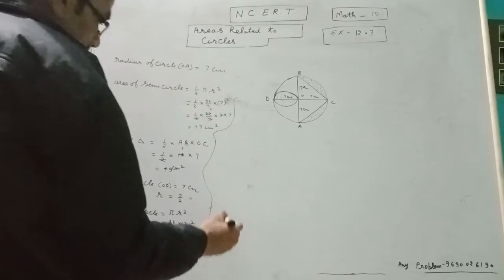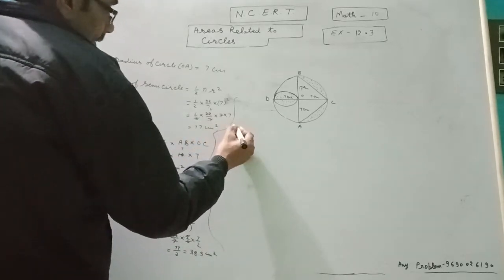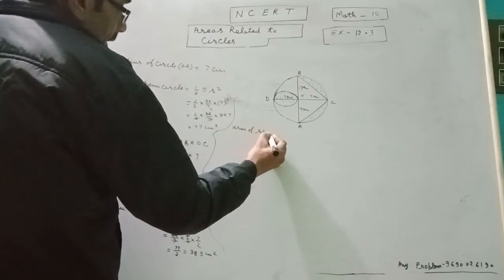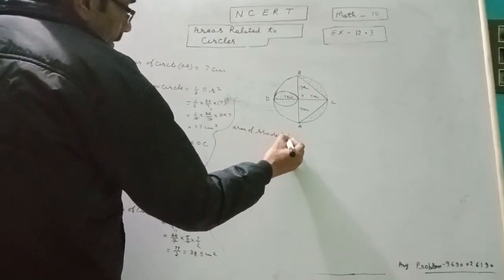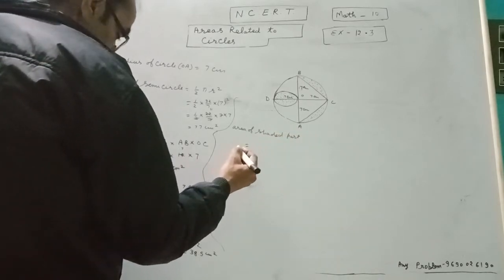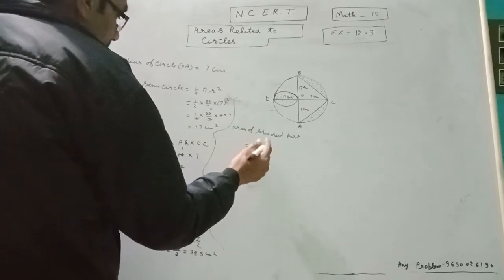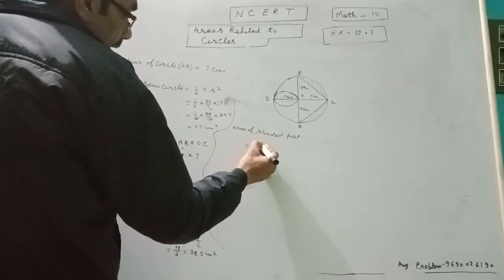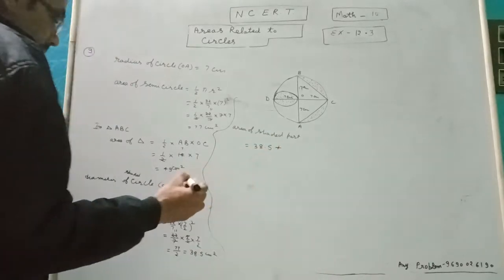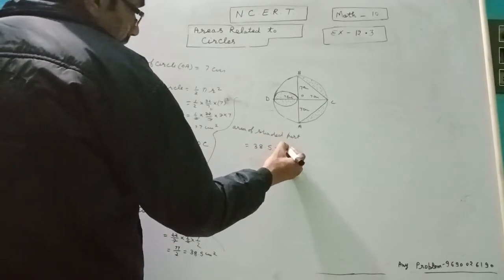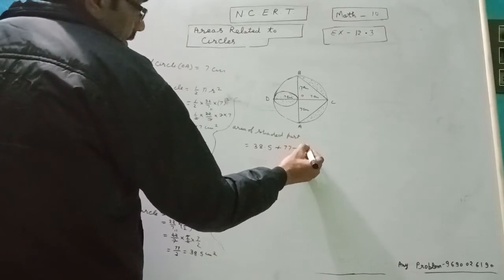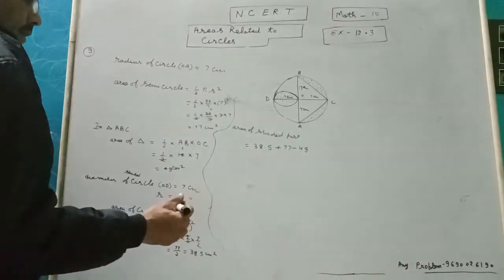We find the area of the shaded part. It will be 38.5 plus 77 minus the triangle area, which is 49.